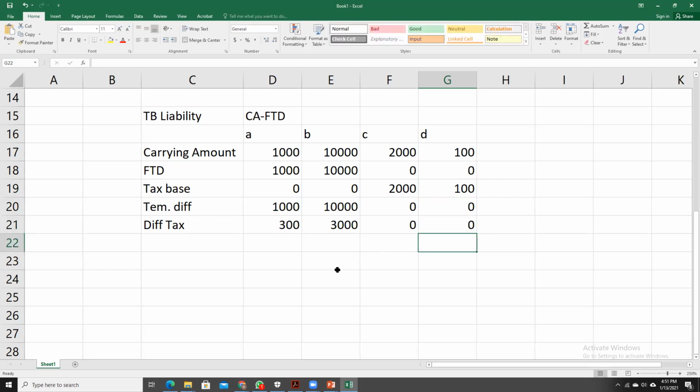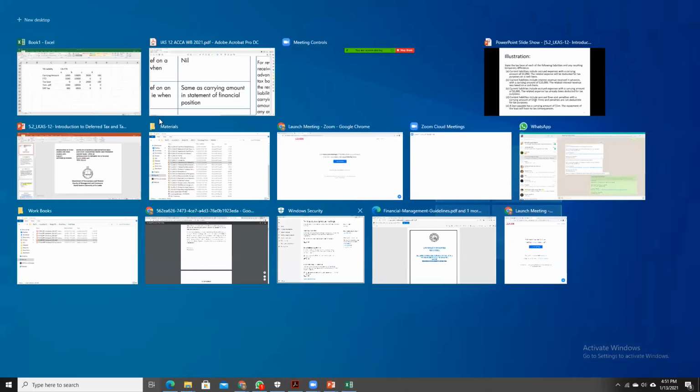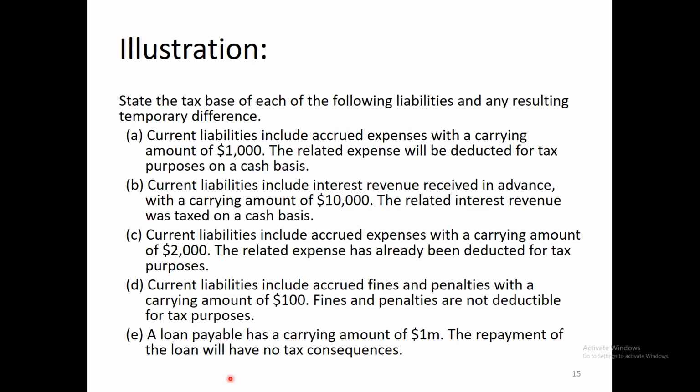And part D. The loan payable has a carrying amount of rupees 1 million. It means liability. The repayment of the loan will have no tax consequences. Then how much is the carrying value? Are there any future tax deductions for this?